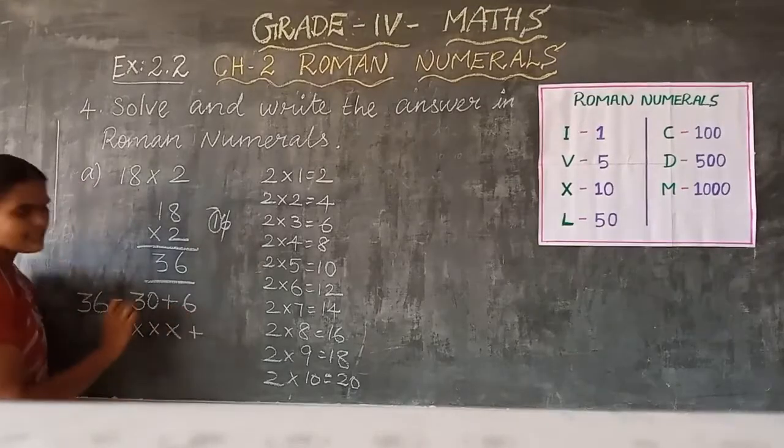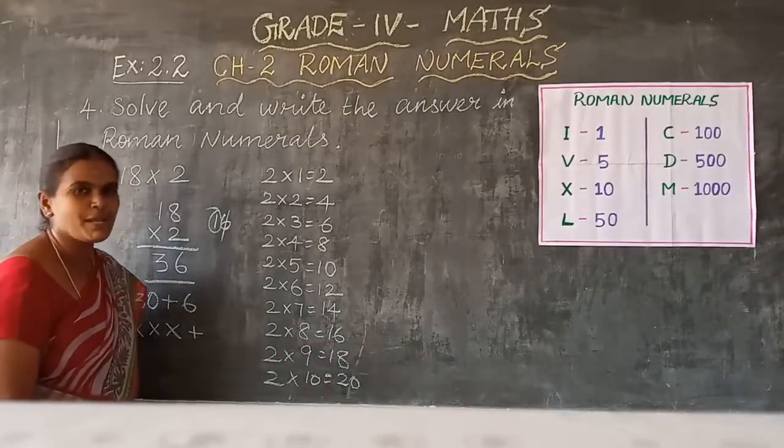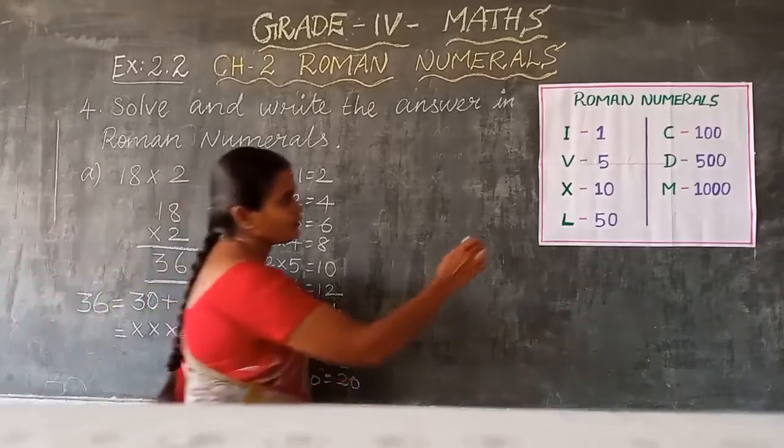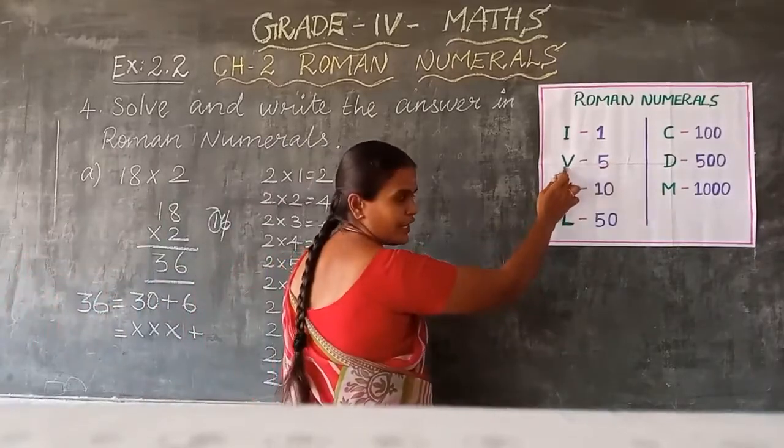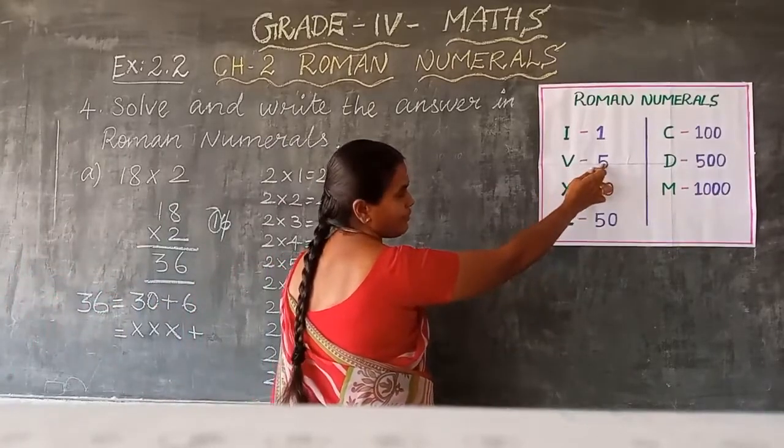Plus 6. 6 means 5 plus 1. 5 has the value V. What is the Roman number for 5?